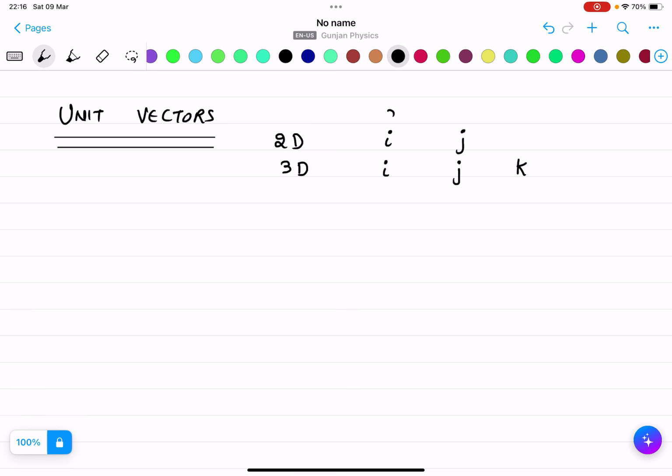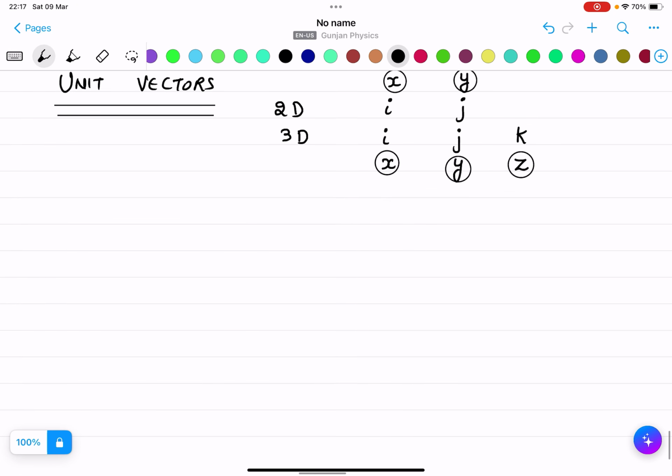So i is in the x direction, j is in the y direction, and k is in the z direction. So i, j, k in 3D motion and i and j in 2D motion.